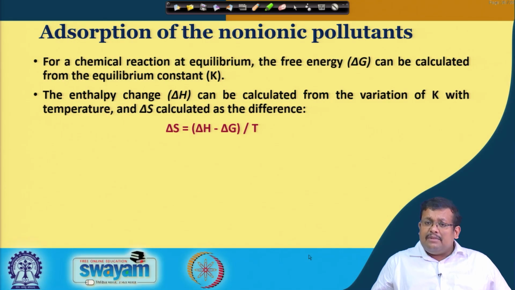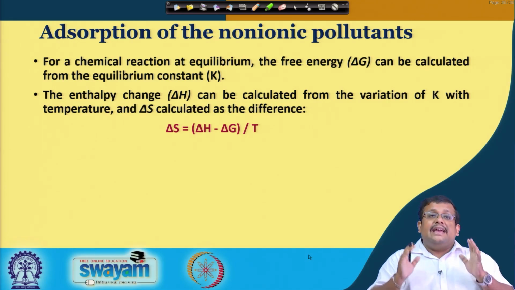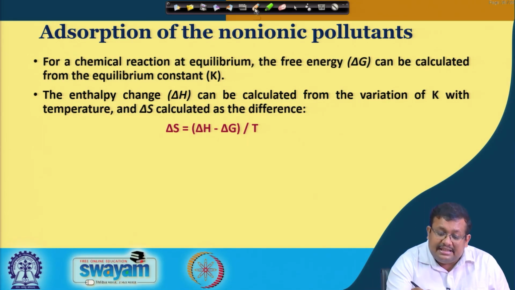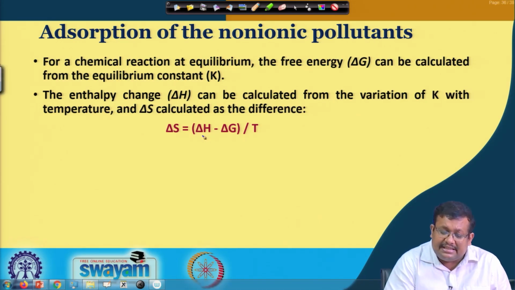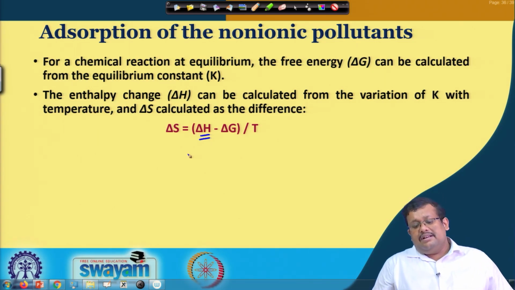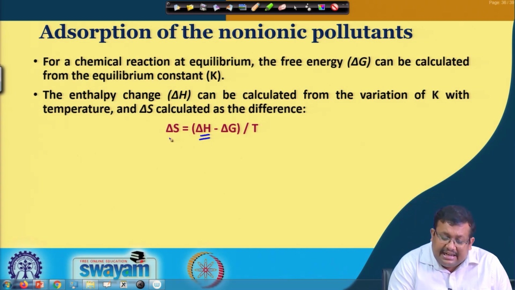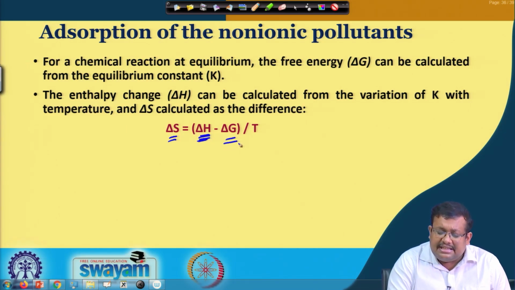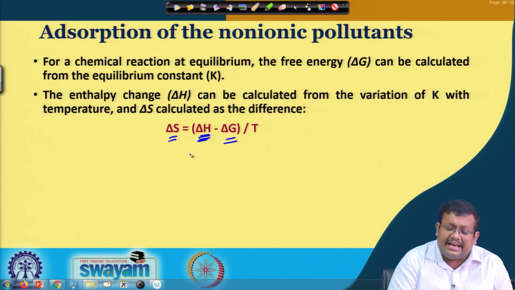The enthalpy change, denoted by delta H, can be calculated from the variation of K with temperature, and delta S can be calculated as the difference. So, delta S is equal to delta H, the enthalpy change, minus delta G, the change in free energy, divided by the temperature. So, delta S can be calculated using this formula.